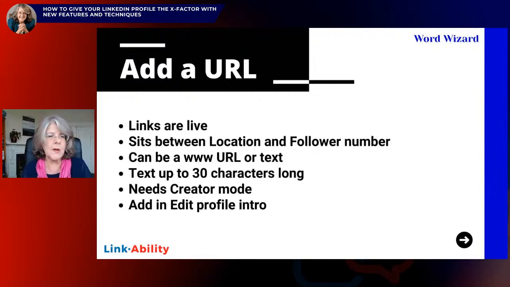It sits between your location and your follower number, if you have that displayed, or your connection number, if not, on your introduction section. So that's right at the top of your profile, so front and center, and can be easily seen. It can be either a URL, so that's a www link, or you can add text to it, so display text that's called, which can be up to 30 characters long.